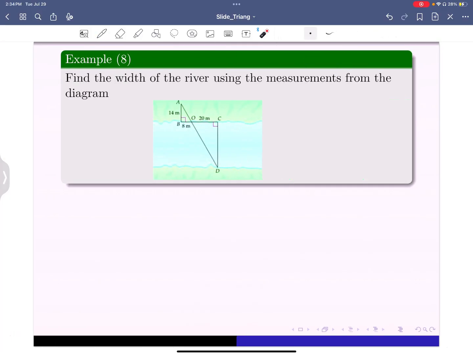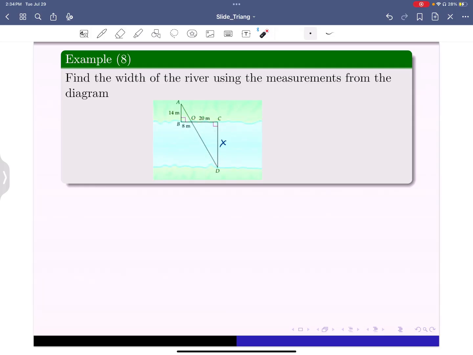Find the width of the river using the measurement from the diagram. So we need to find the width of the river, that would be my x. Now we have two triangles. We have one triangle right here, and then we have an upside down triangle right here.